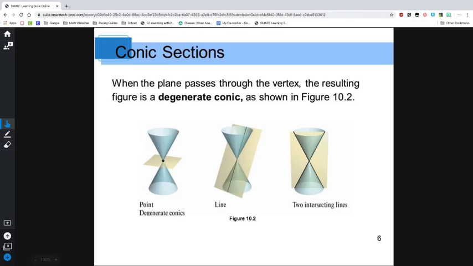That's when the plane intersects parallel to the sides of the cones. Kind of hard to see with just a picture. And then the last case is if we took that plane and stuck it directly down the middle of both of those cones, we get those two lines that make an X. That is what happens when we see a degenerate conic section coming from the equation of a hyperbola, and all we can graph are the asymptotes there.